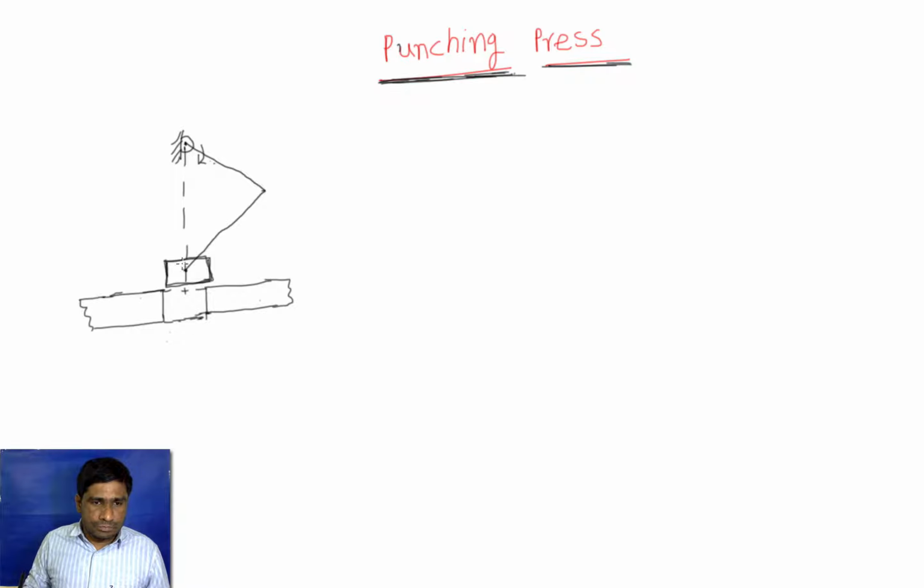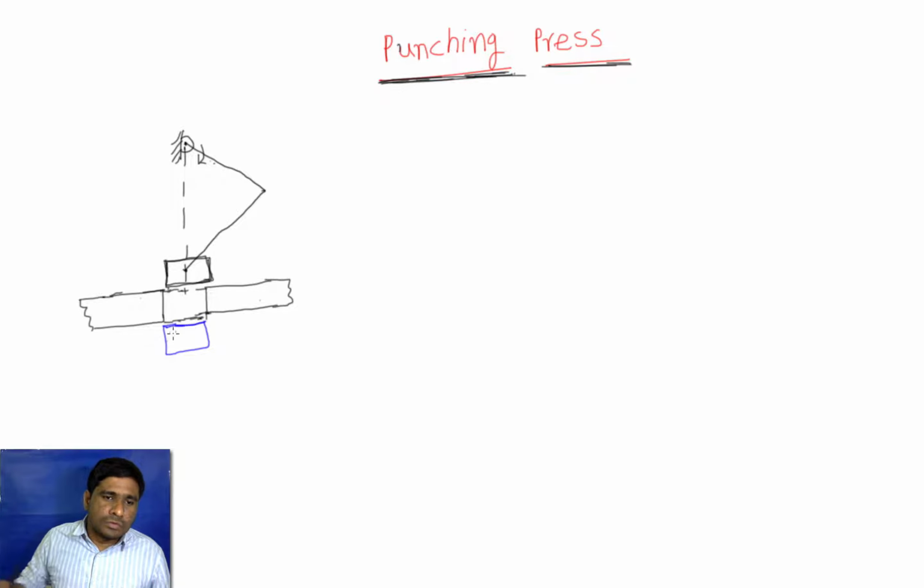So a reciprocating motion. So when this is moving at this particular instant, this punch is touching this plate, and after the punching operation is completed, the new position of the punch is this one.